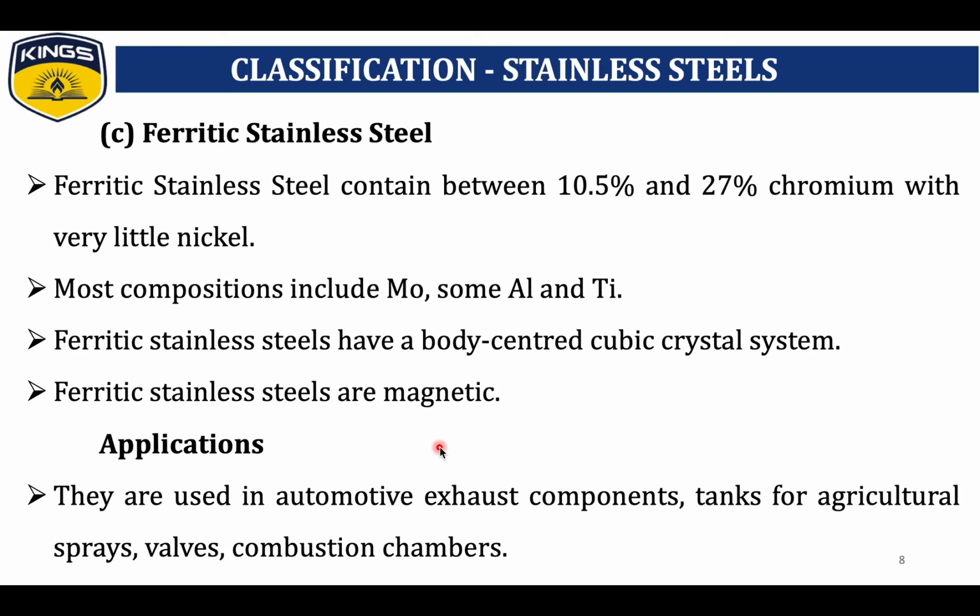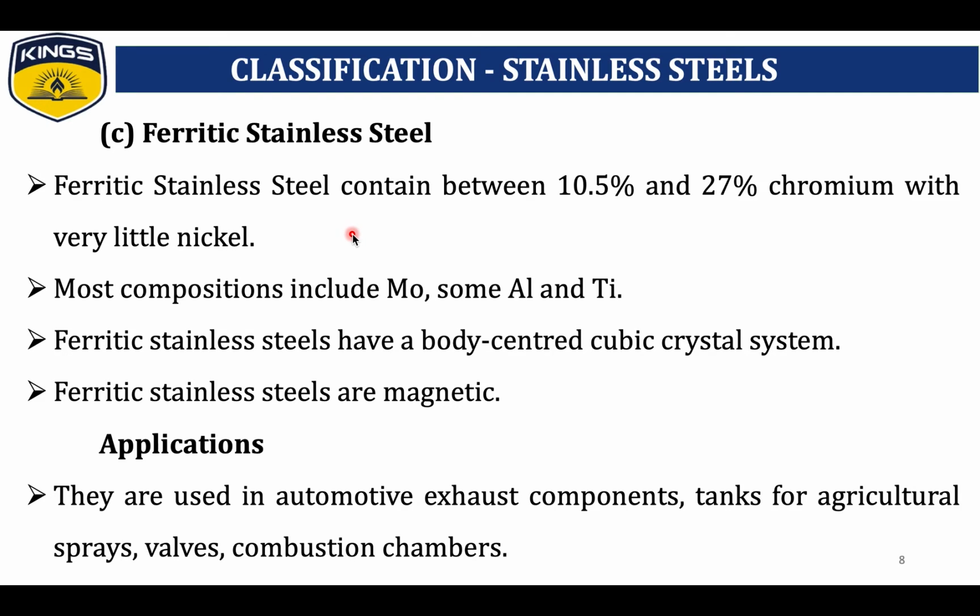Finally, ferritic stainless steel contains 10.5 to 27 percentage of chromium with very little percentage of nickel. So these compositions include some other alloys like Al and tin.